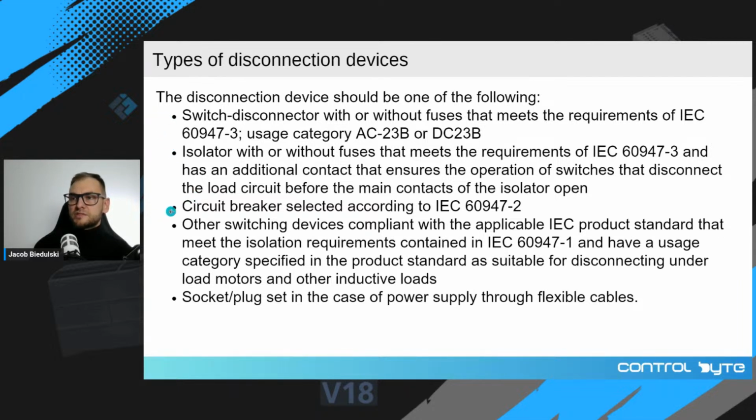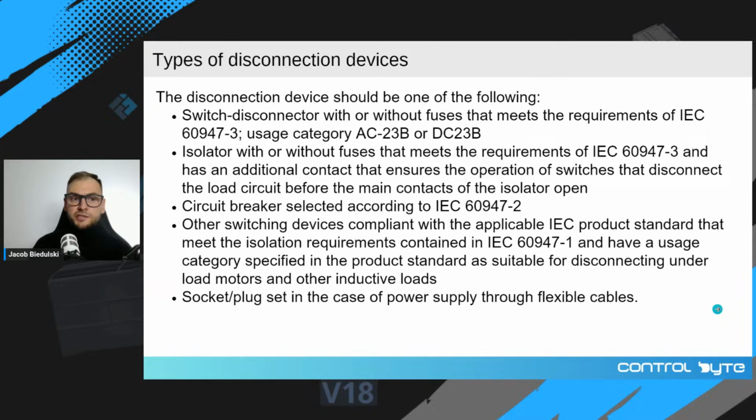The second most commonly used device after the switch disconnector is the circuit breaker, according to the standard. You can also use other devices that are meant for this function. And what is interesting, this standard says that you can use a socket plug set in case of power supply with a flexible cable.